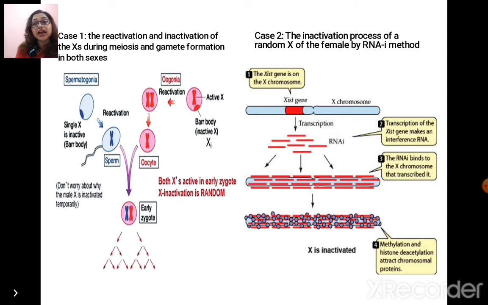This interfering RNA binds to the X chromosome that transcribes it, and it completely cages it. Because of that, the histones undergo methylation and deacetylation, which attracts more chromosomal proteins for condensation, and in turn the X is inactivated finally.